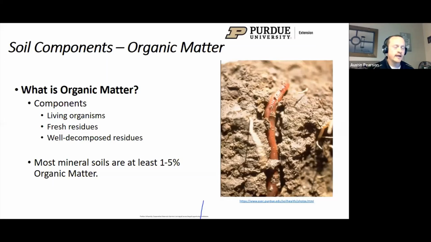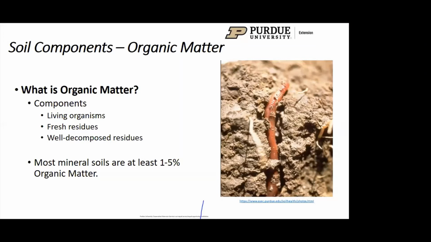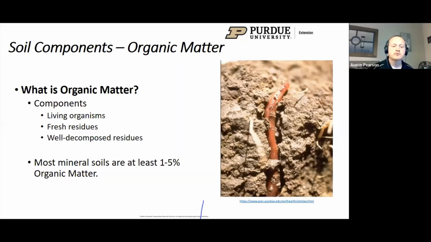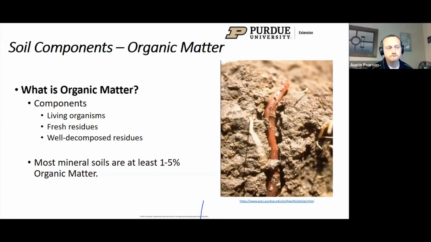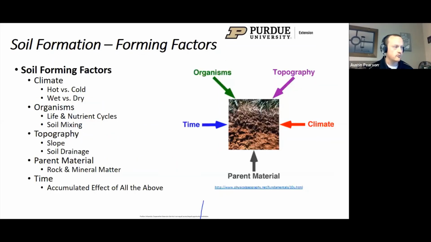So really what organic matter does is it kind of acts like a sponge and helps you maintain soil nutrients. And so that just helps promote healthy organisms within the soil and helps provide those essential nutrients to your plants that you need to grow. So we'll go ahead and step forward here.